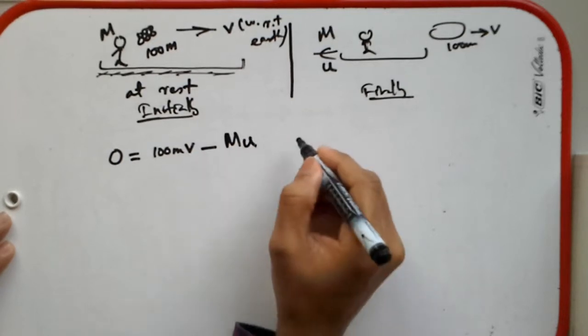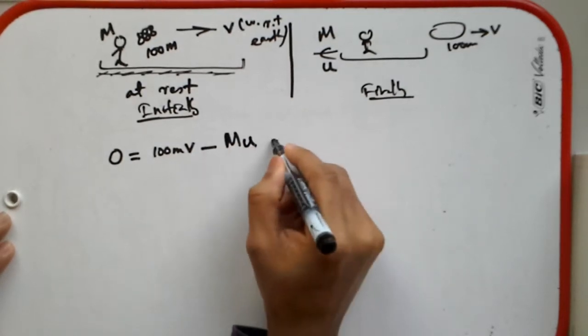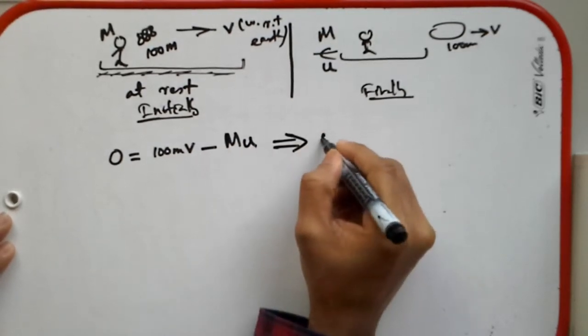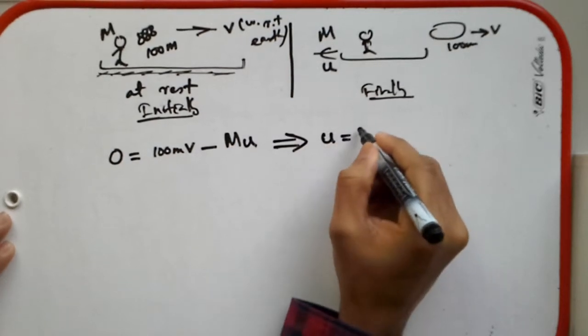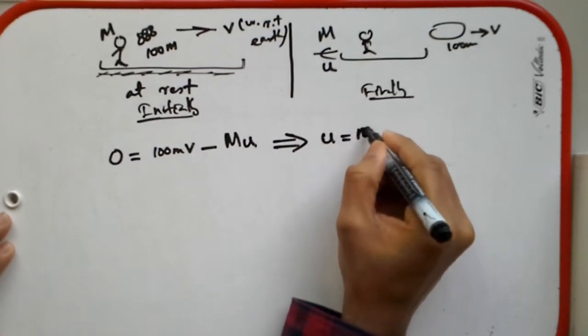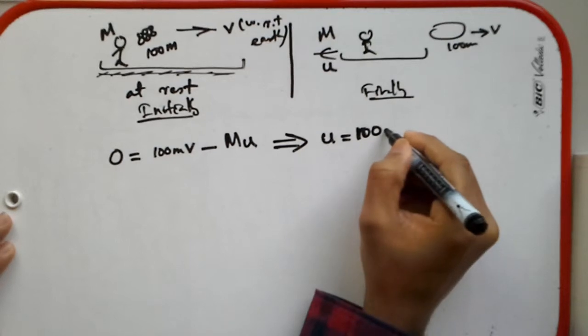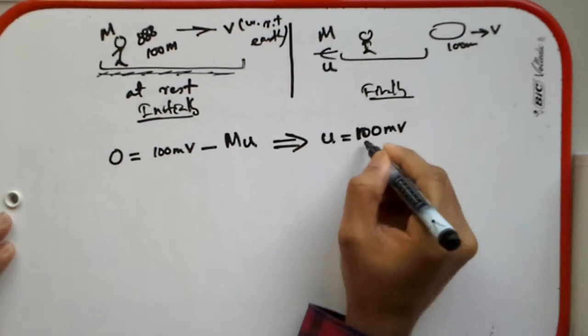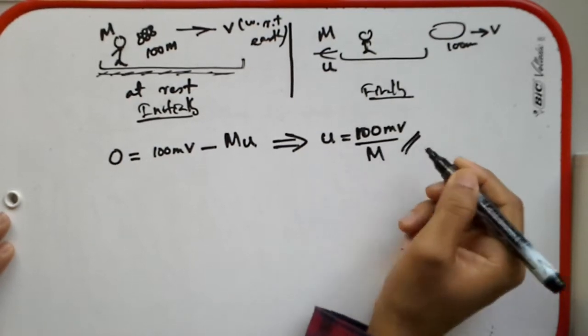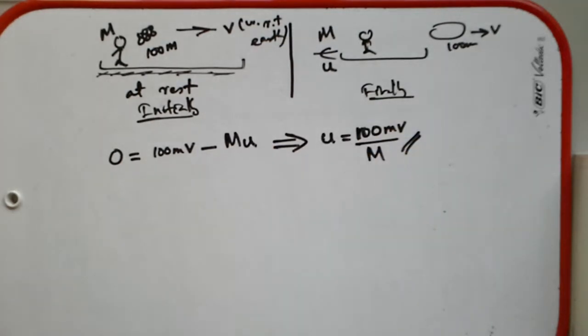If you simplify, you will get u equals 100 mv by big M. This question is very straightforward. No more complication. If you just apply the formula, conservation of momentum, you'll get the answer.